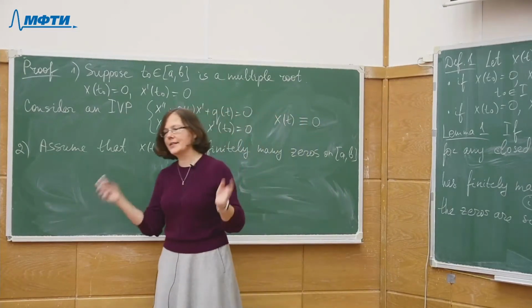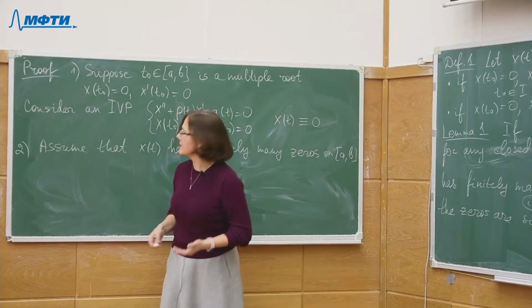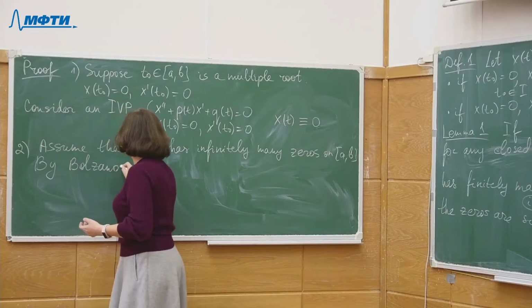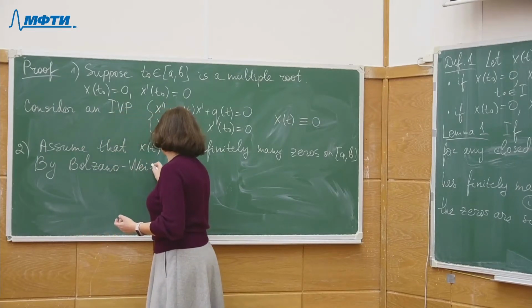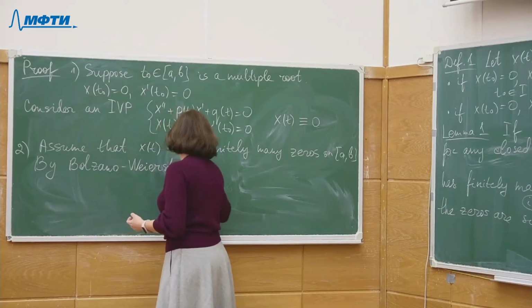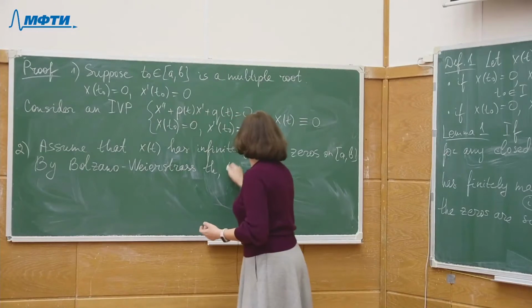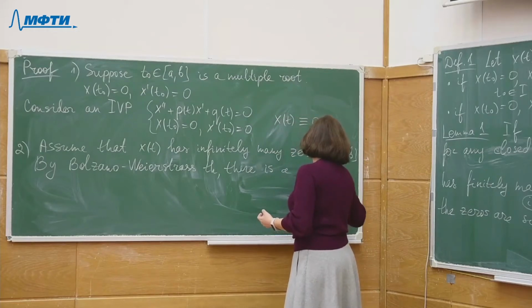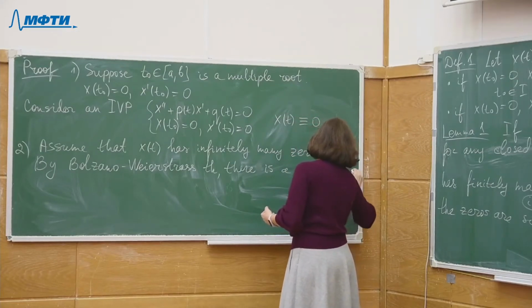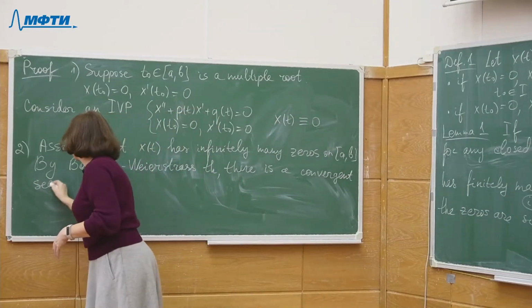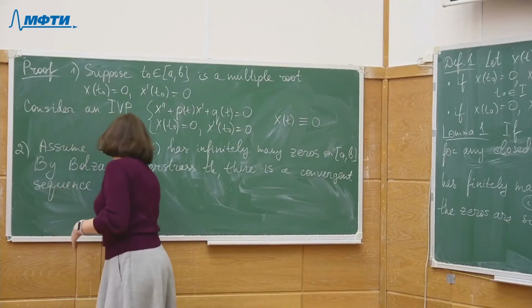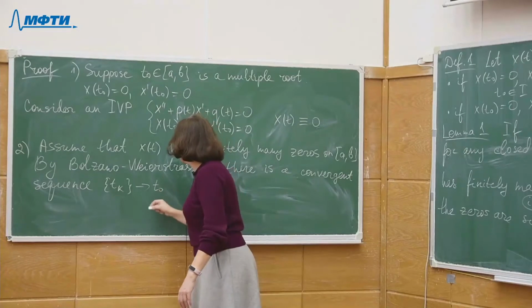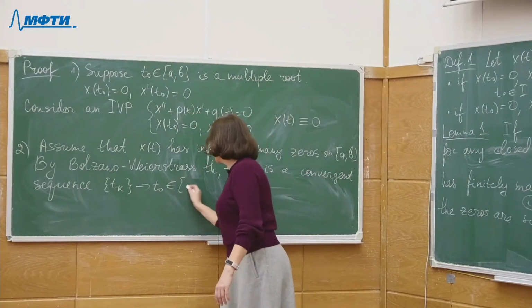So if we consider the sequence of zeros, then by the Bolzano-Weierstrass theorem, there is a convergent sequence tk, and it converges to some number t0, which is in AB.